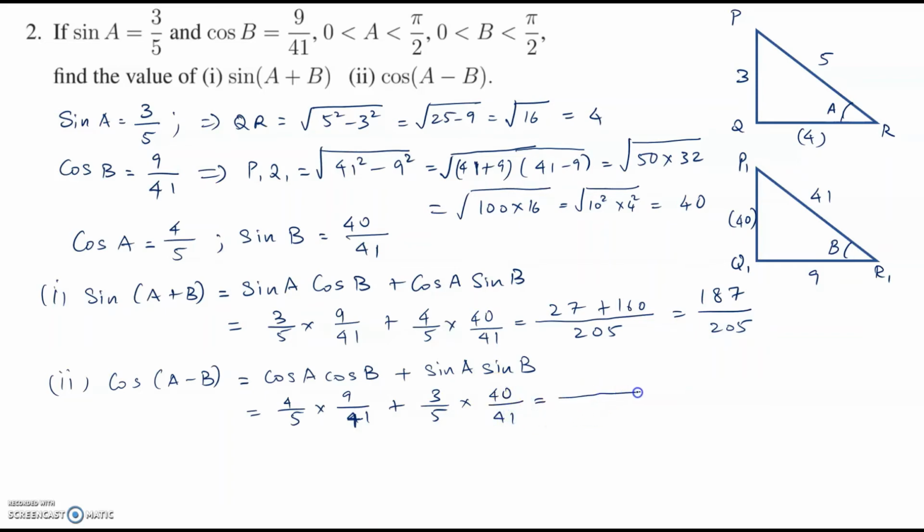So the denominator again will be 205 and this is 36 plus 120. So the answer is 156 divided by 205.